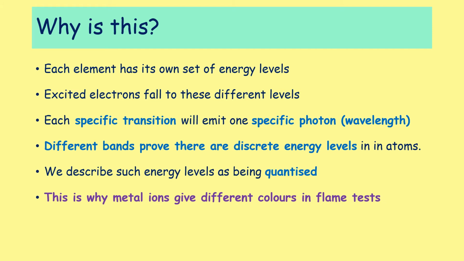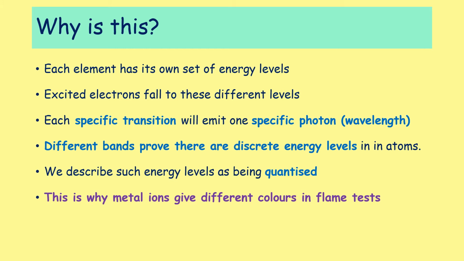Now, this principle is the reason why metal ions give out different colors in flame tests. Whenever you heat up a metal ion, what you're doing is you're giving the electrons energy, and they are becoming excited and move to higher energy levels. As those electrons fall back down to lower energy levels, they release photons of light.